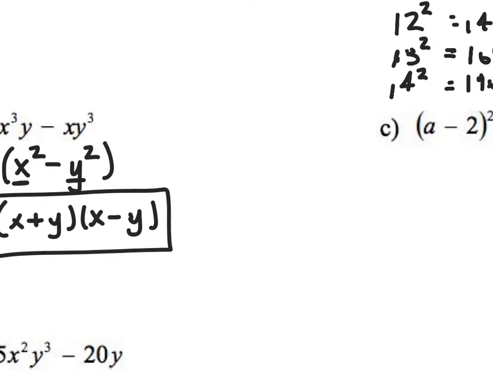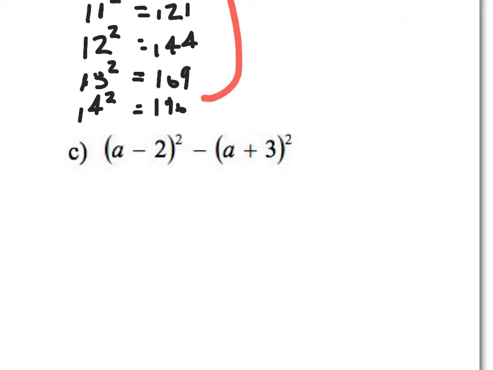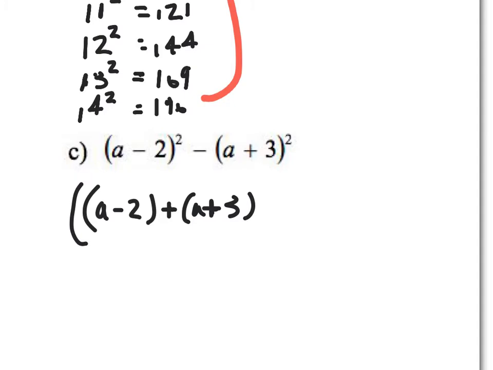Okay, let's take a look at part C. What I notice here, this one's a little bit different. Off the bat, I notice that I have this quantity squared minus another quantity squared. So this is the difference of squares. What I'm going to do is rewrite this as the quantity a minus 2 plus a plus 3, and this is its own quantity.